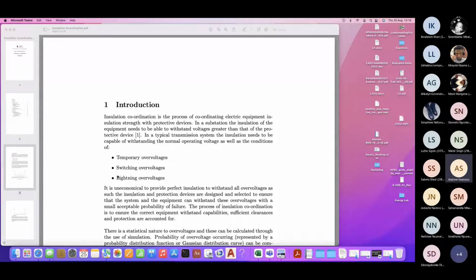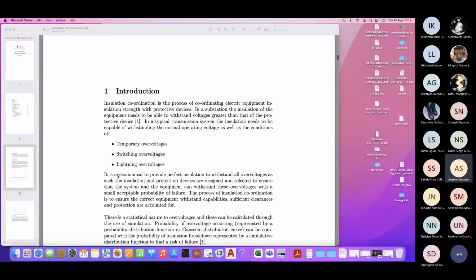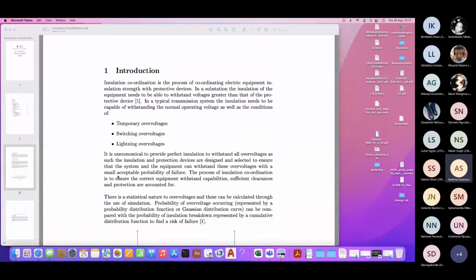All right, so insulation coordination, that's one of the main aspects of high voltage engineering, like applied high voltage engineering, where we look to protect our expensive electrical equipment to make sure it doesn't fail when there's temporary over voltages or switching over voltages or lightning over voltages. Right, and we do this by making sure that the expensive equipment has the most protection.